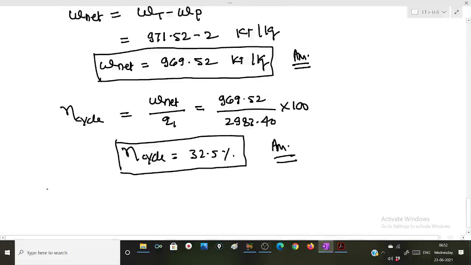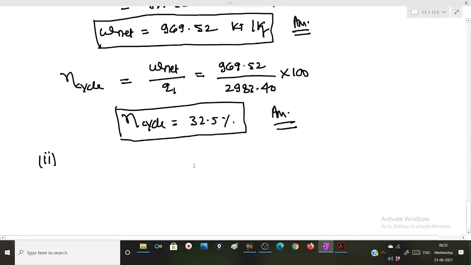Now let us do the required calculations to get the net work output and cycle efficiency considering the actual cycle.